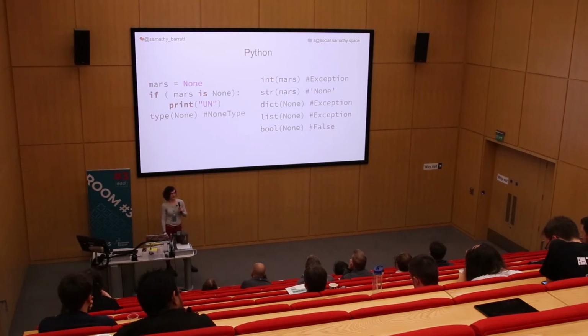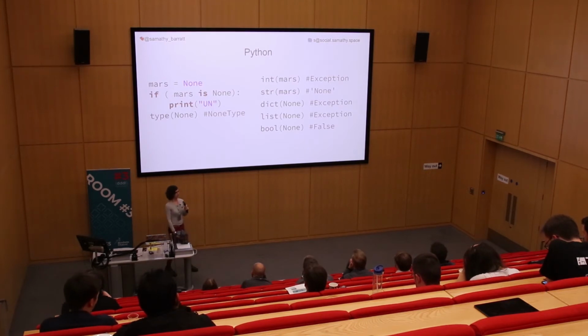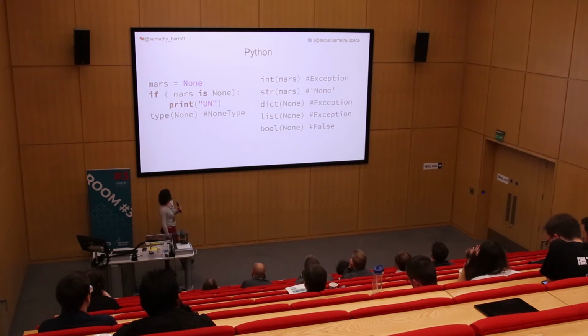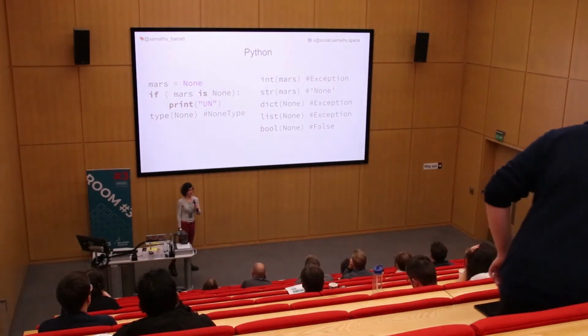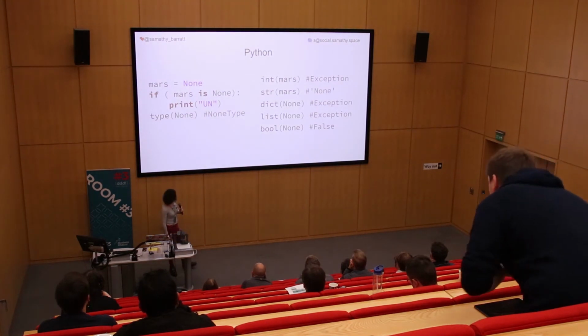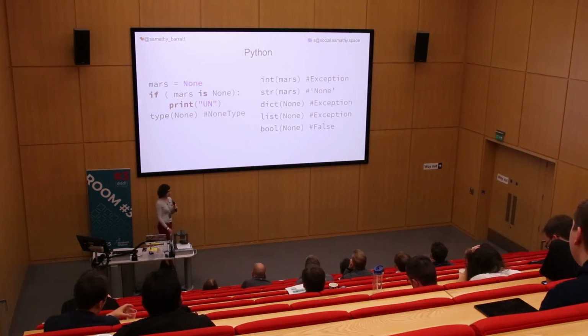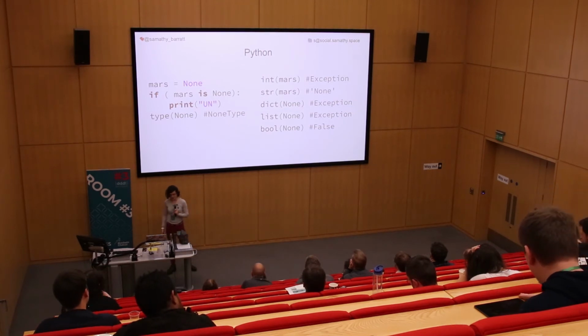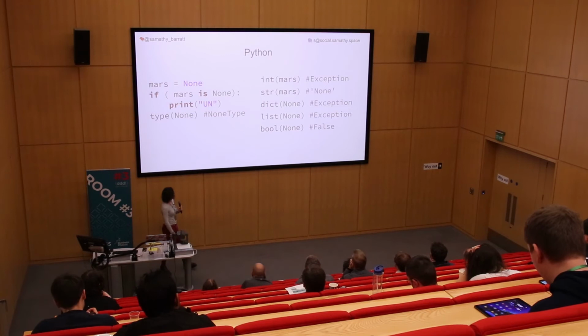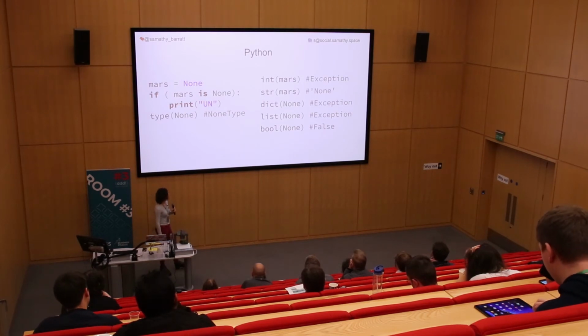Is nothing a key? Is it a value? Is it a pair of values? Do you return the empty dictionary? The exception it throws is actually that it's not an iterable type, so you can't turn it into a dictionary. And that's the same exception that you get when you try to cast it to a list, which is just an array. It's not an iterable type, so you can't cast it to a list.